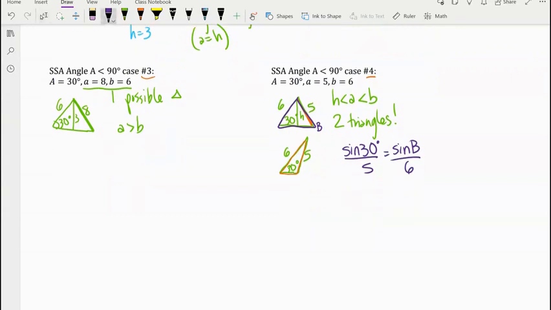So sine of 30 is a half, divided by 5. You could just use a calculator, I'm fine with that too. Sine of b over 6. Cross multiply, I get 6 over 10 is equal to sine of b. Do sine inverse of both sides.